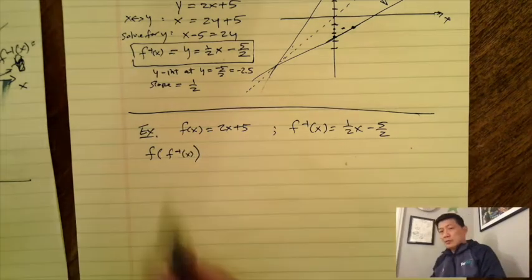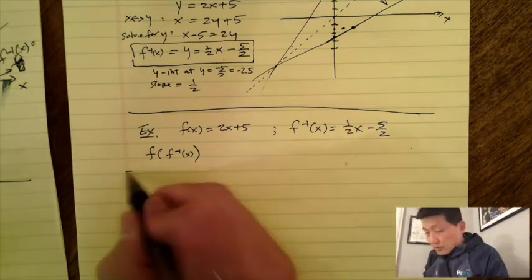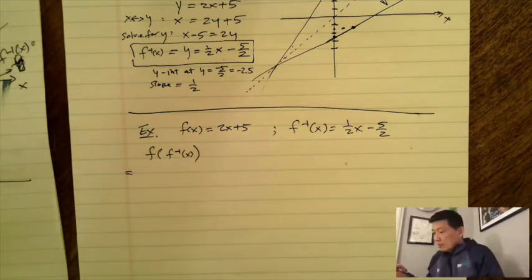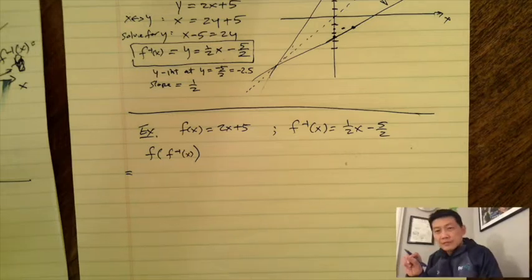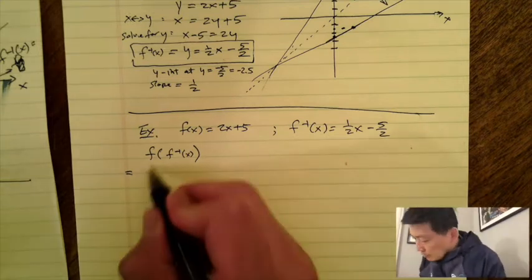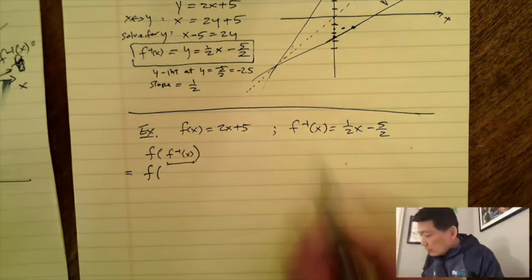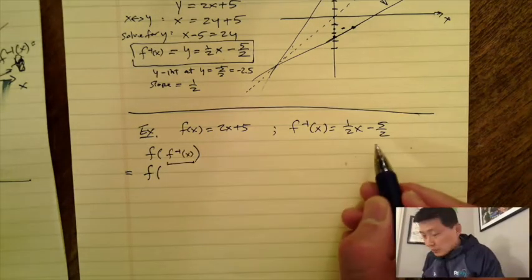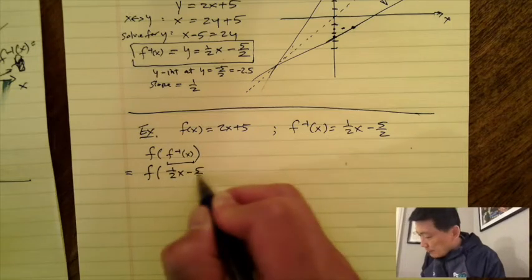You remember we just had this lesson. That means we put the inverse function into the original function and follow the rule of the original function. So in this case, we replace the inverse function with what it actually stands for, which is 1/2 x minus 5 halves.